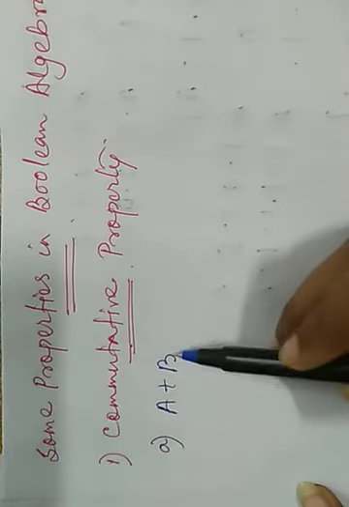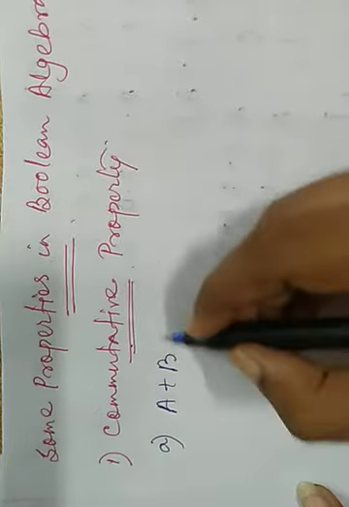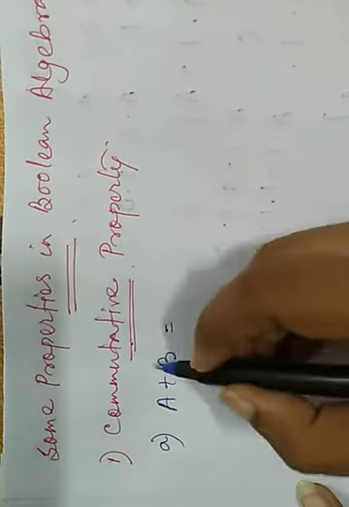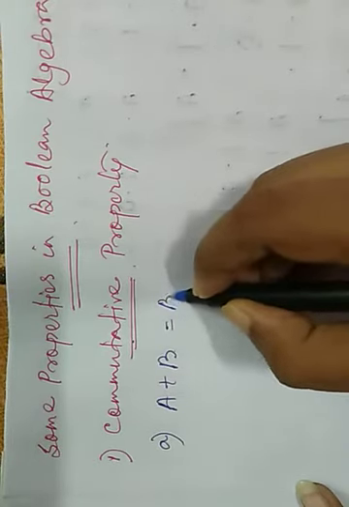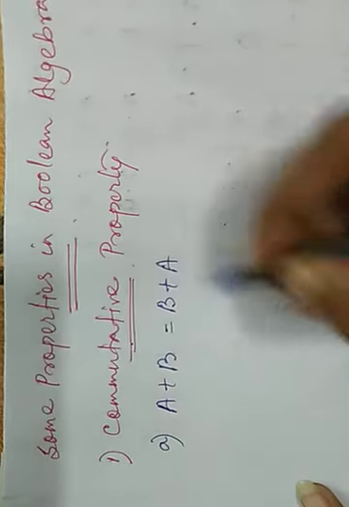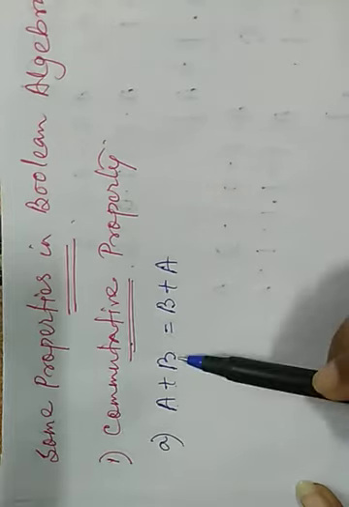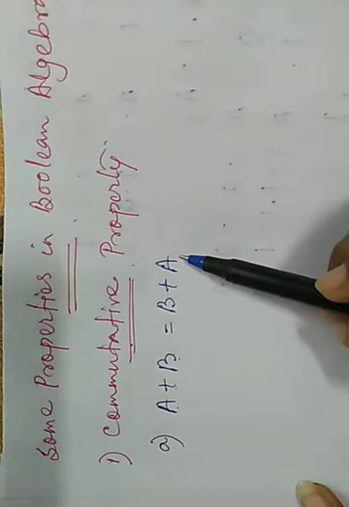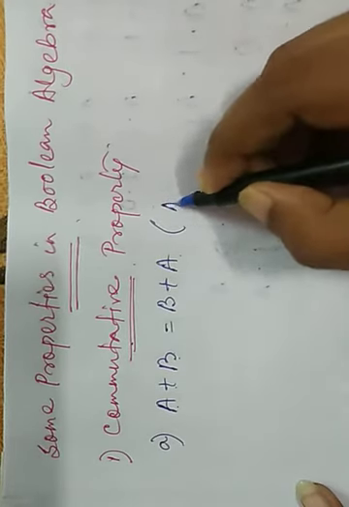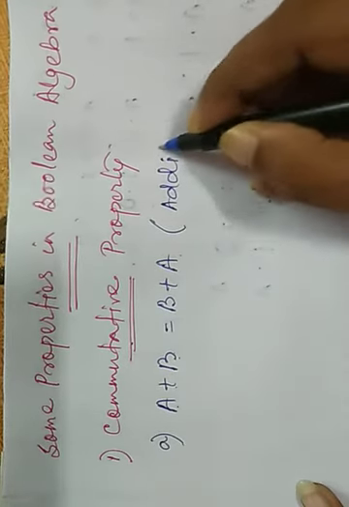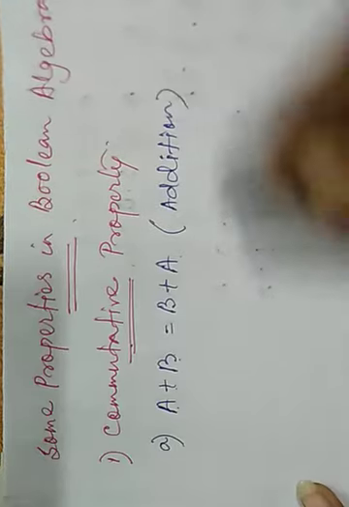Mind it, the OR operation of two variables is equal to, if we change the order of the two variables, the value remains unchanged. That means a plus b equals b plus a. So this is the addition property, that means OR operation.